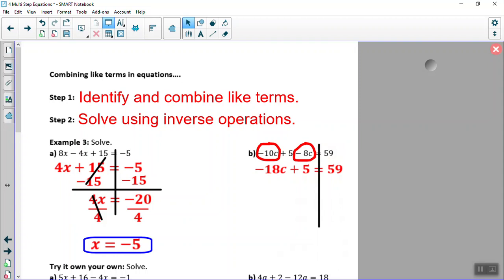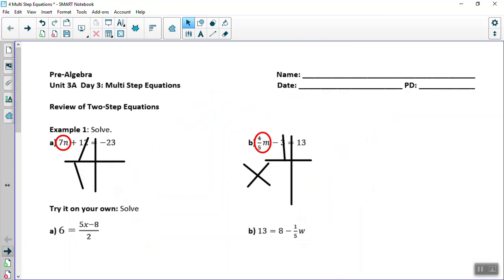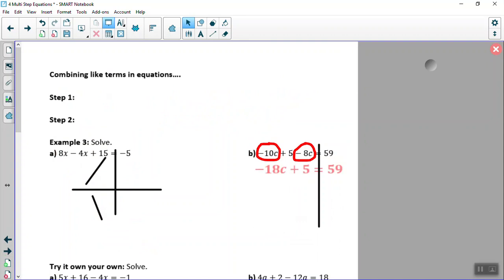So I need to isolate my variable term. I'm going to undo my addition by subtracting 5. Sorry about that, let's try that again. All right, so now I can subtract my 5. Trying to move this up a little bit. There we go.